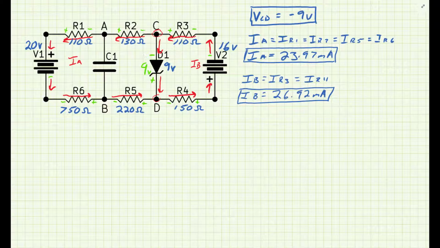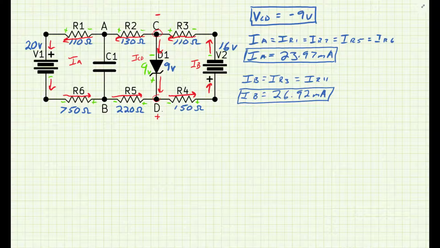And I still need to find my I from C to D. From negative to positive, C to D is going to be negative current, so flowing from this side being more negative than this side, it will flow from negative to positive. So that current number we'll just say is negative based on the direction we're looking at.